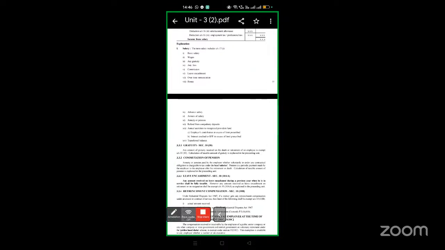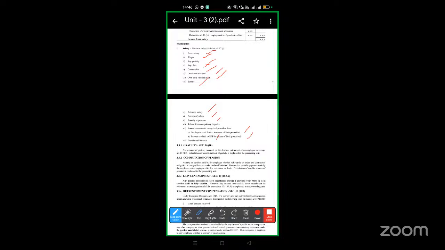Salary means what all is coming. Here we have basic salary, wages, gratuity, fees, commission, leave encashment, overtime remuneration, bonus, advance salary, arrears of salary, annuity pension, refund from compulsory deposits, employer contribution to RPF in excess of prescribed limit, and interest credited to RPF in excess of prescribed limit.